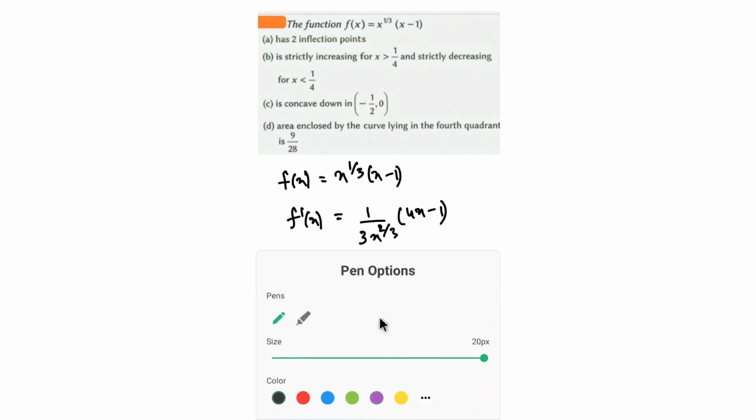On the basis of f dash of x, I can tell whether this graph is increasing or decreasing or something like that. Basically I got to know 2 points from here. If I put x equal to 0, I get this to be not defined. So it's basically a vertical tangent.